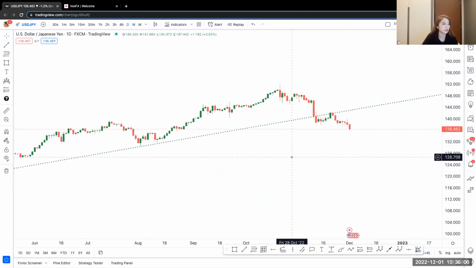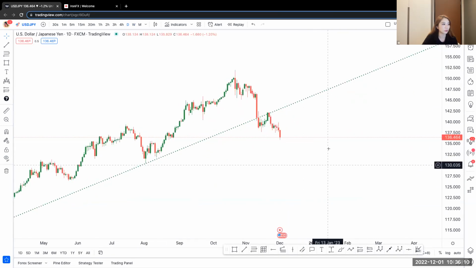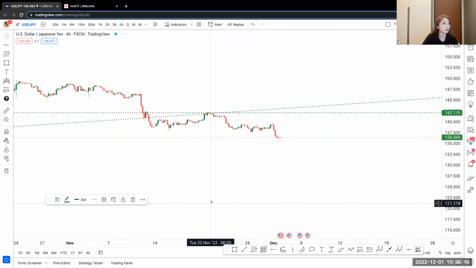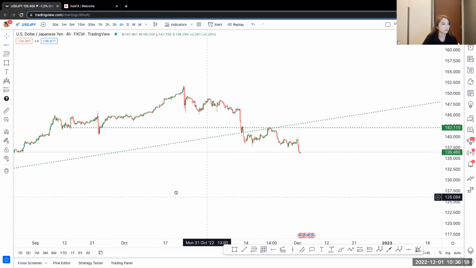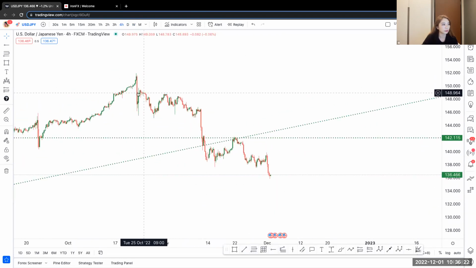Let's look at the daily. Yep, there is a chance that it's moving downwards already. Looking at a very nice entry if it was here. Let's look at H4. On H4, we can see a very obvious downward movement, a downward trend line.